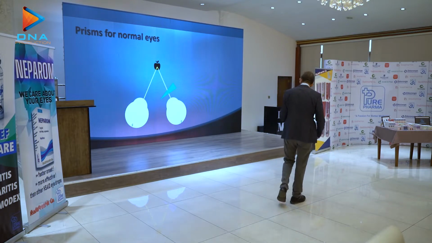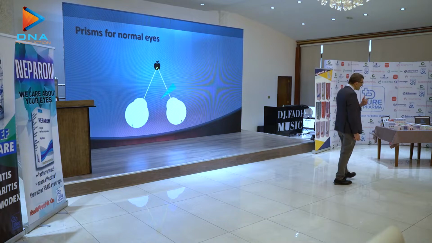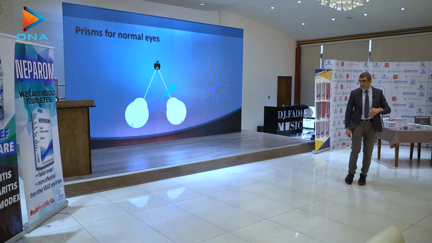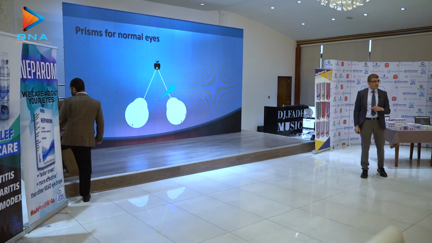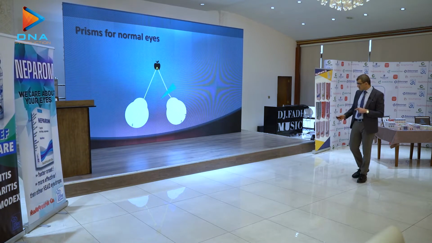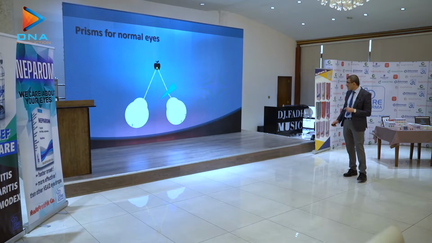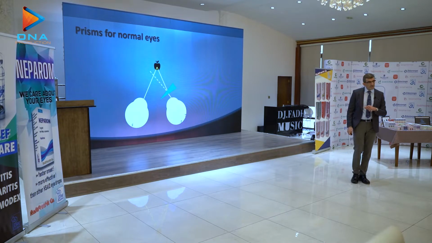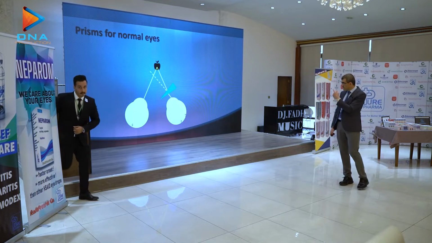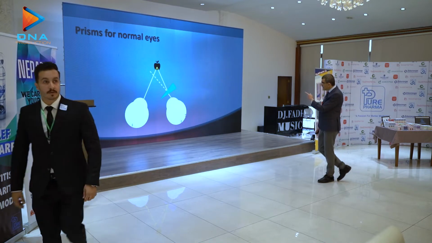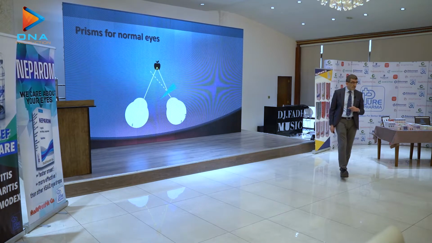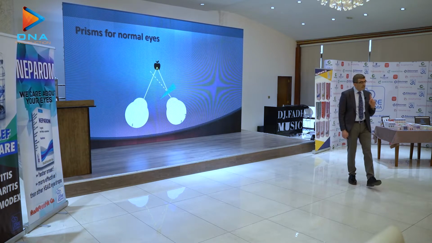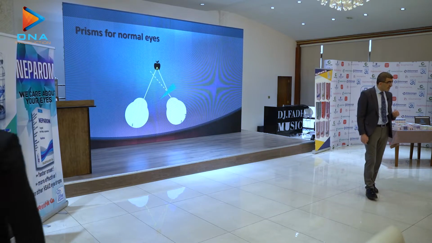What happens now is that, as we said, the light will bend toward the base, correct? So the light will bend toward the point at the temporal retina, which is registered by the brain to focus on the apple. But here, this point will see the apple shift toward the apex, because we are seeing the virtual image, not the real image.